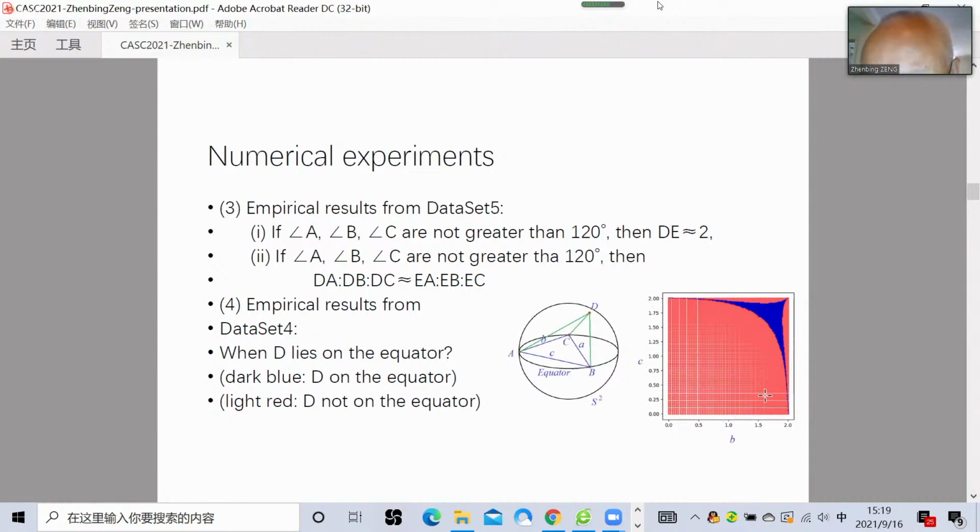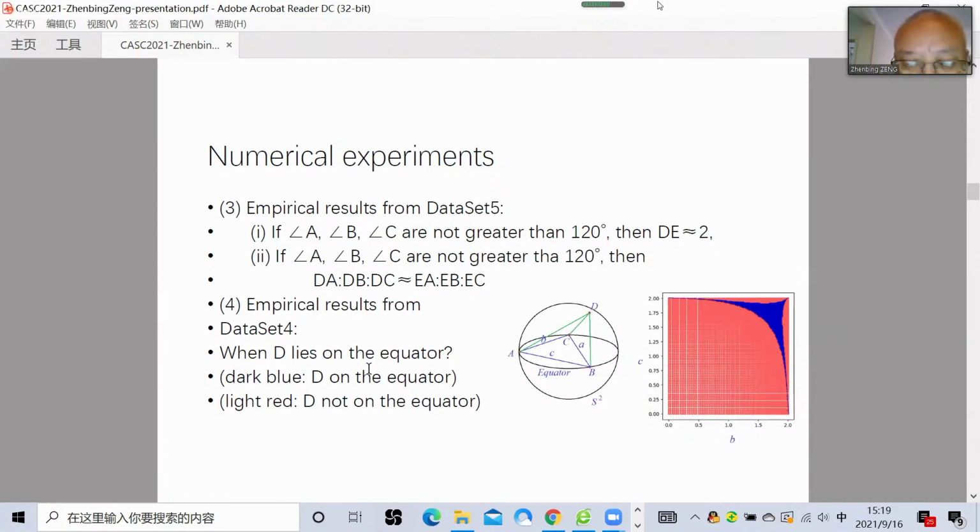If it's in the red part, then it's on the surface of the hemisphere. This is something we are going to see in this paper.